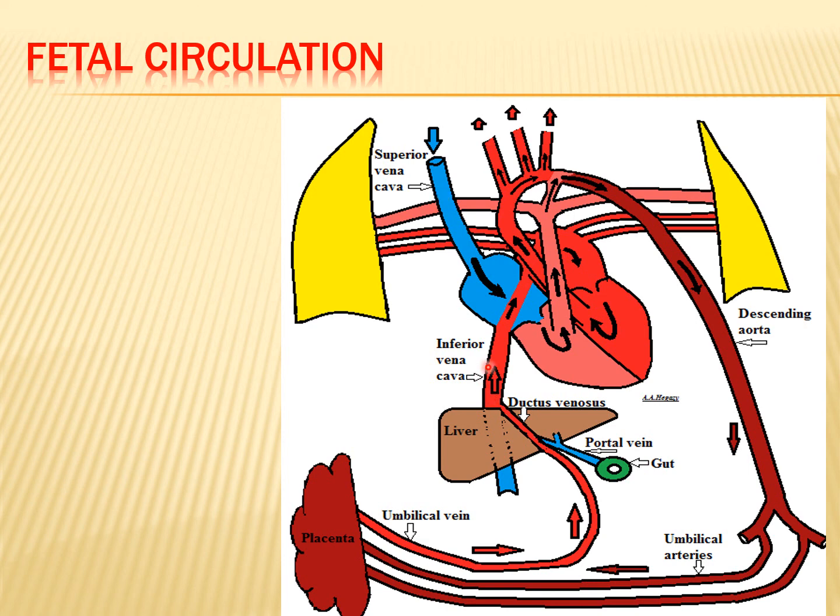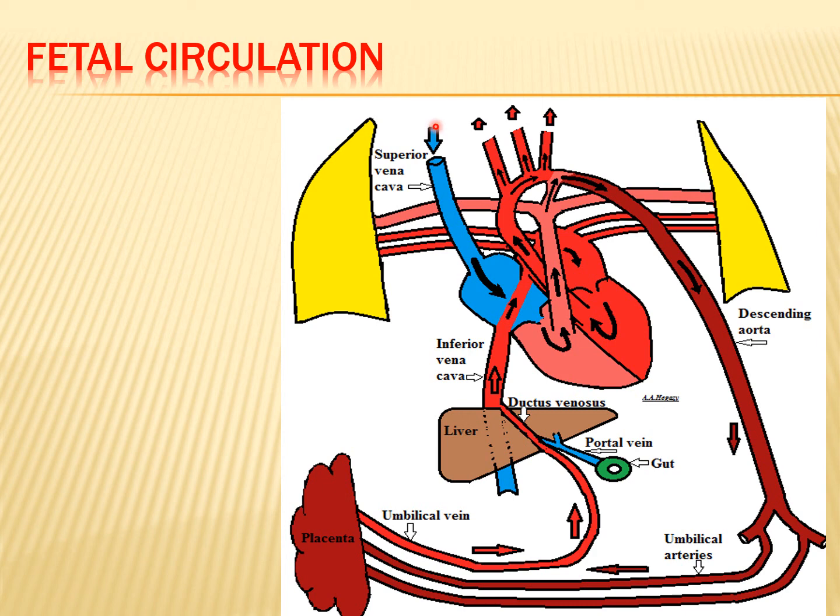So the inferior vena cava carries oxygenated blood, while the superior vena cava carries deoxygenated blood. Deoxygenated blood mainly comes from the upper half, as the oxygenated blood mainly reaches the upper half. This is the cause for more development of the upper half of the body, including the head and the brain, more than the rest of the body.